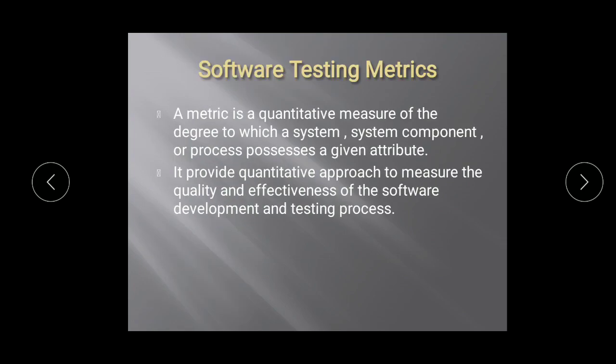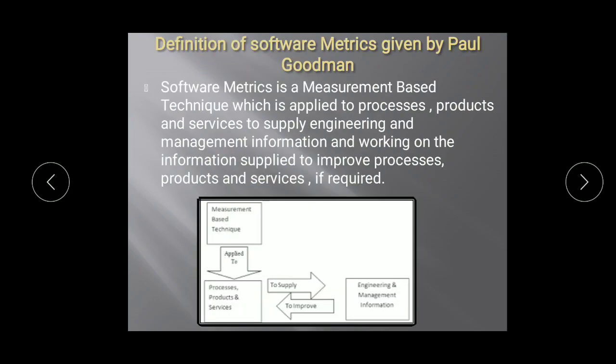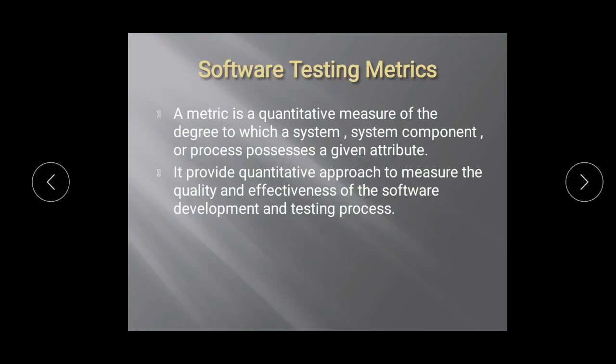Next is software testing metrics. When we are talking about software testing, a metric is a quantitative measure, a numerical value of the degree to which a system, the related components of the system, or a process possesses a given attribute.